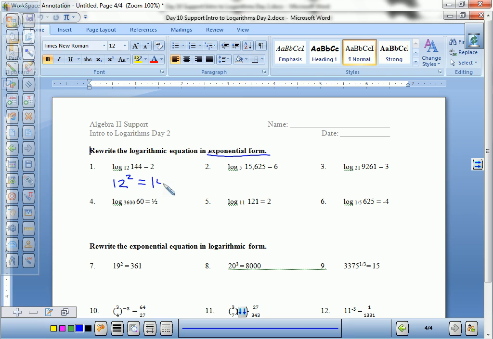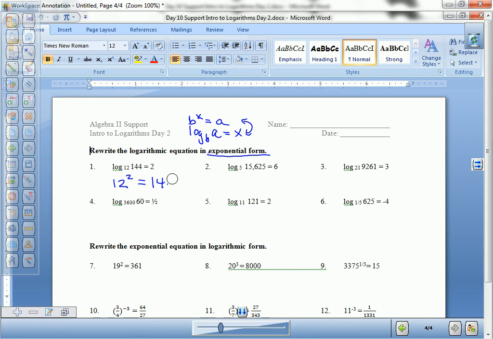And then equals the answer. So we switch in between these two forms. Log base b of a equals x, and b to the x equals a. We're just switching in between the two forms.